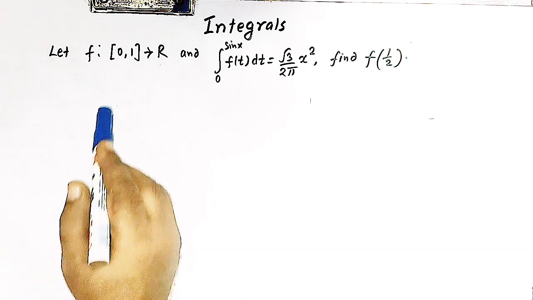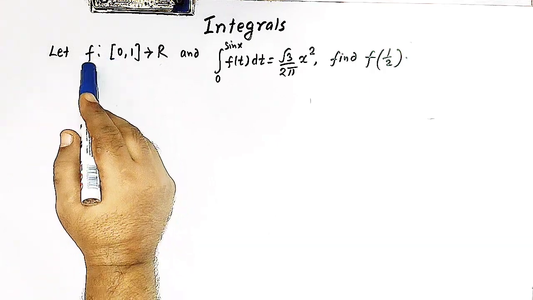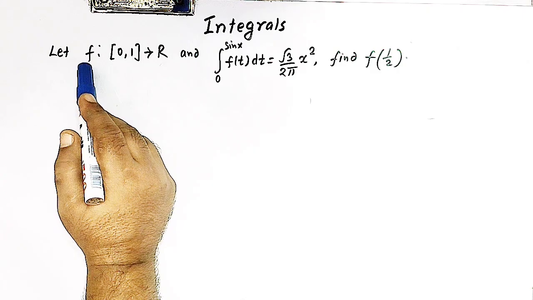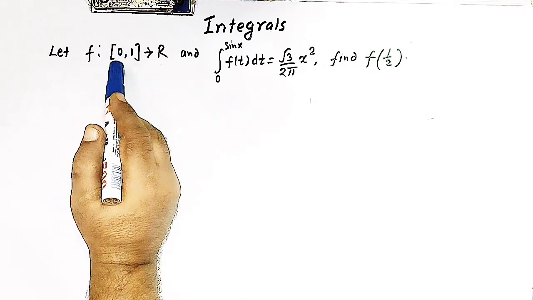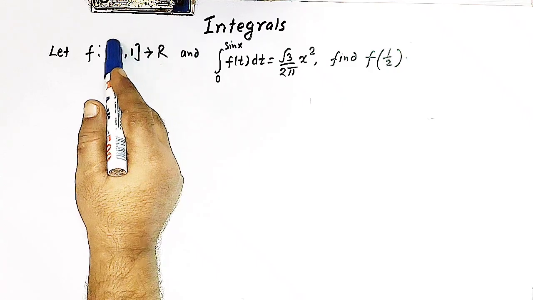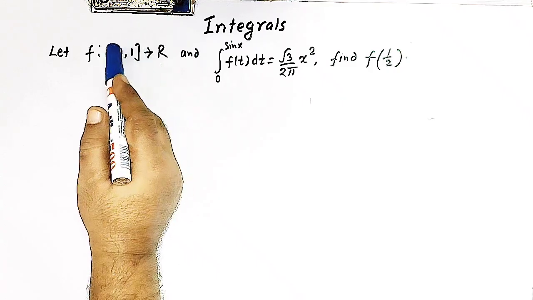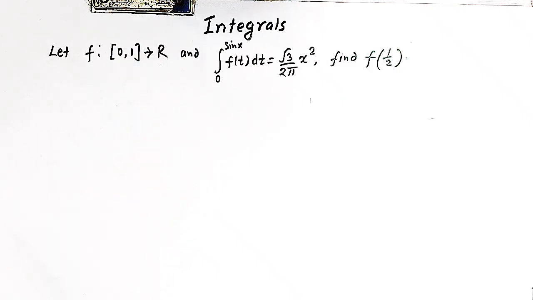And moreover, the function f has this domain, that is the closed set 0 comma 1, and this domain is going to play a crucial role, right? So let us start.